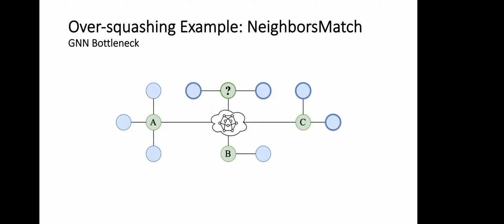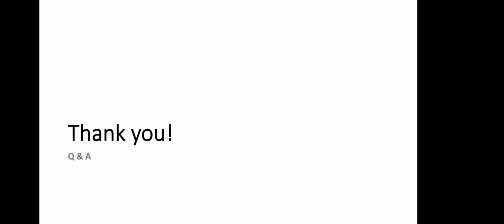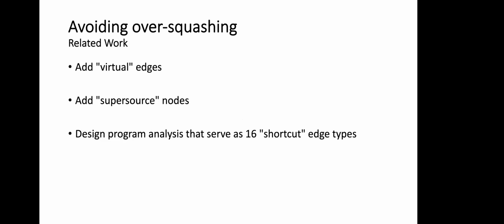Actually, I'm not very sure about the following works of this paper, but as we can see, there are some existing works that solve the limit of the GNN training problem, which is over squashing.